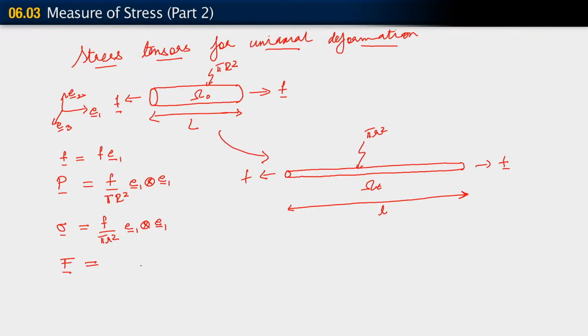Along the E1 direction, we have little l over capital L, E1 tensor E1, plus along the other two directions, little r over capital R, E2 tensor E2 plus E3 tensor E3.